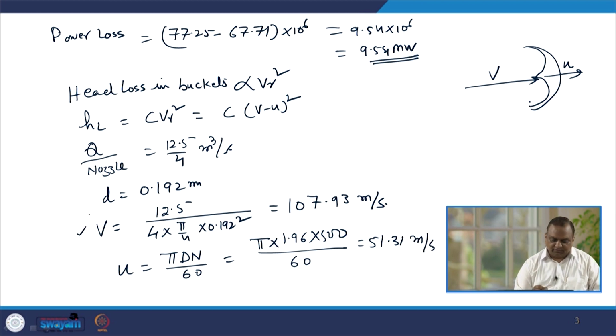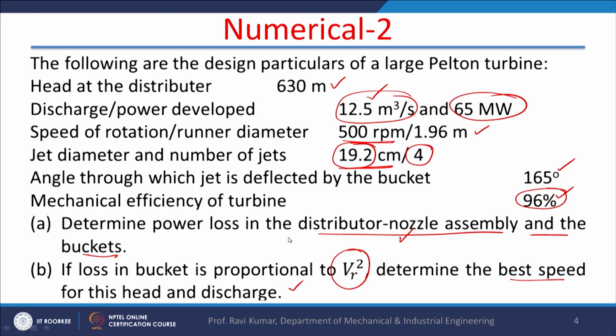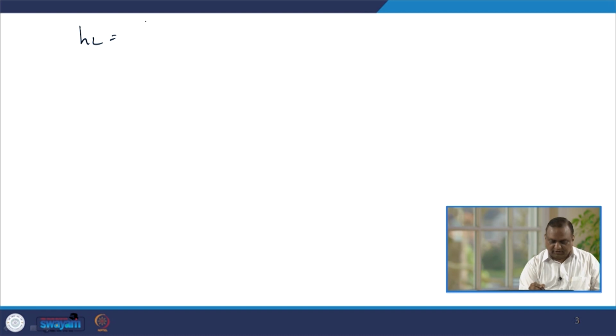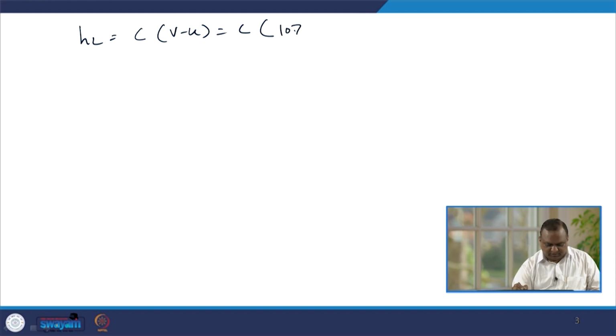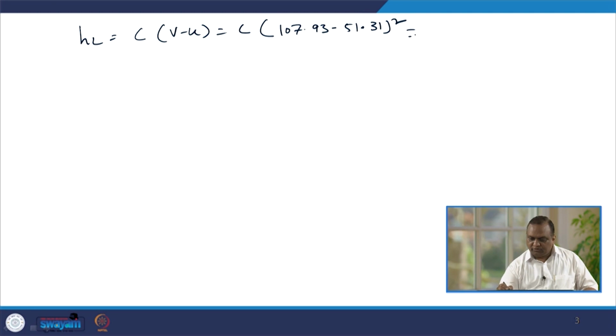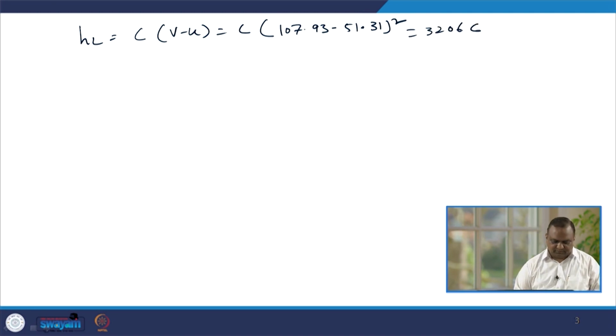So, now we have the absolute velocity at inlet and peripheral velocity also. So, head loss is equal to a constant C (V minus U) whole square, which is C (107.93 minus 51.31) whole square, and that is going to be equal to 3206 C. That is head loss.